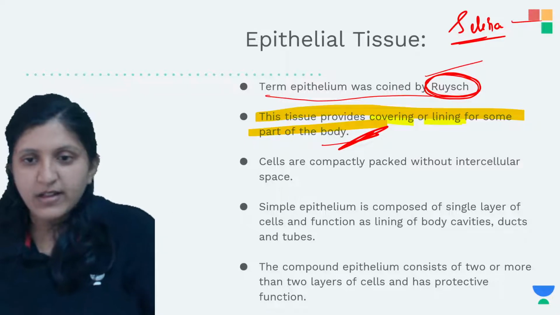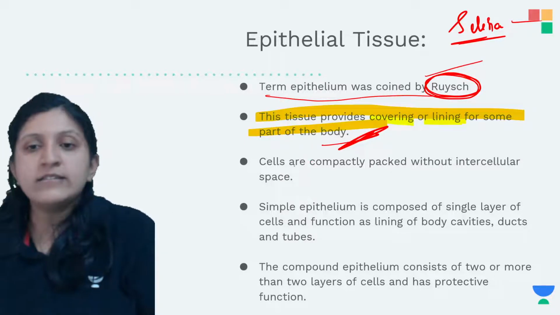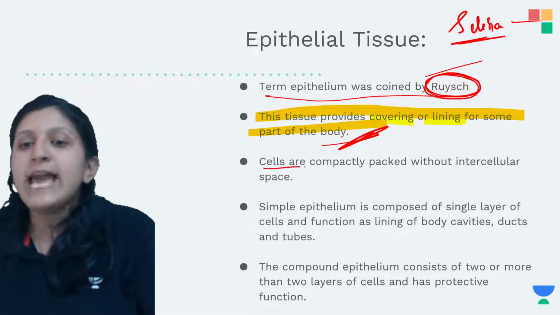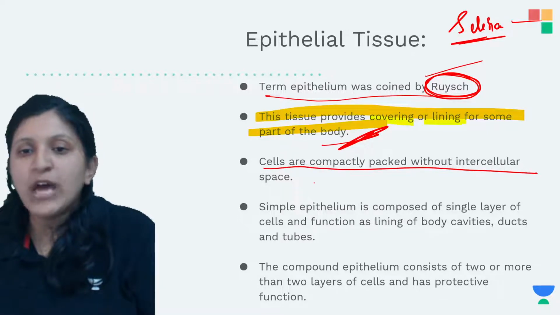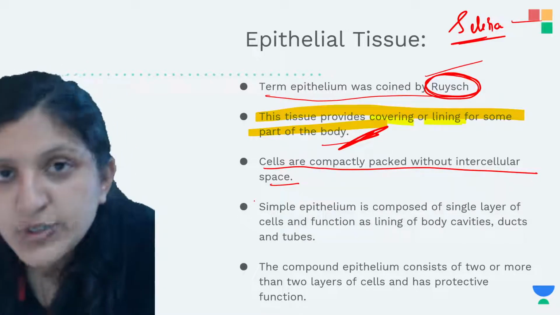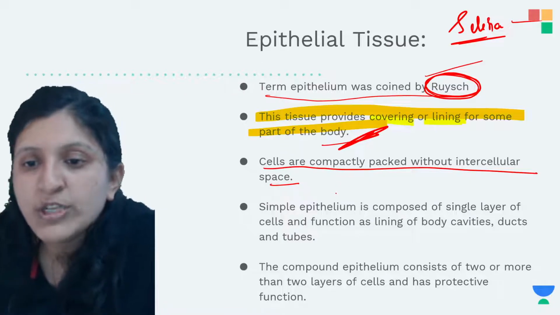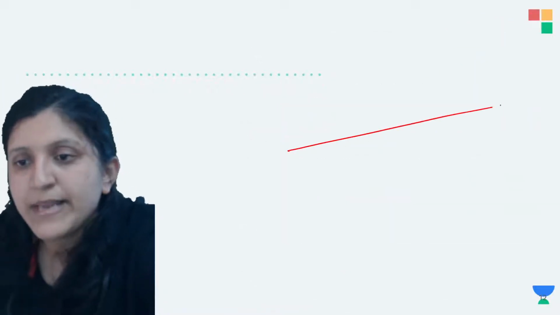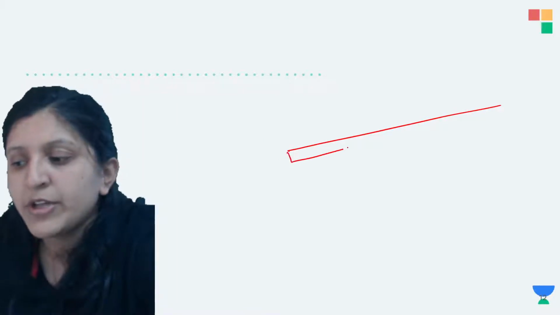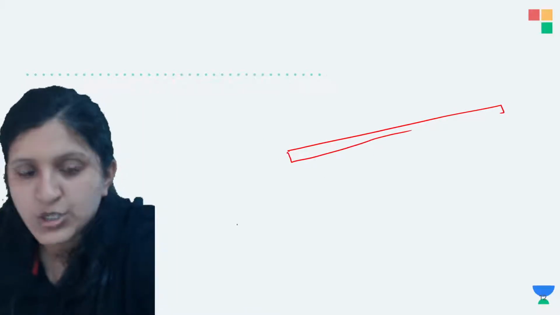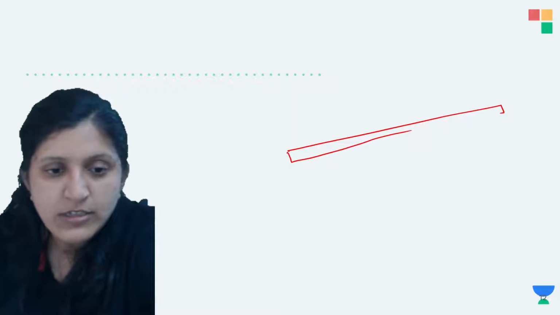Other than that, the third point says the cells are compactly packed without intercellular space. So let's see, I'll draw here. This is a basement membrane.